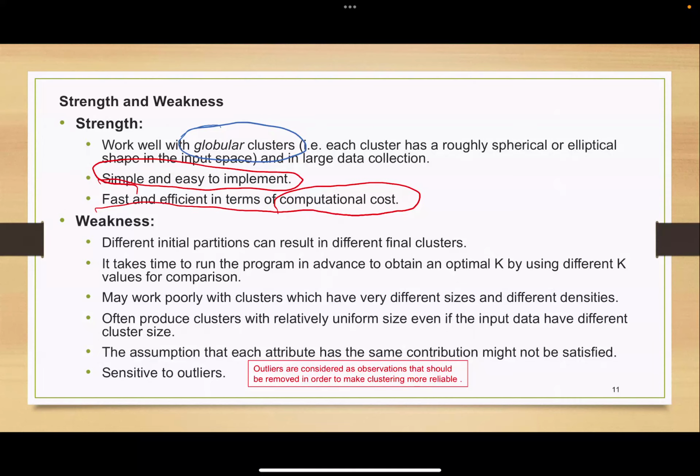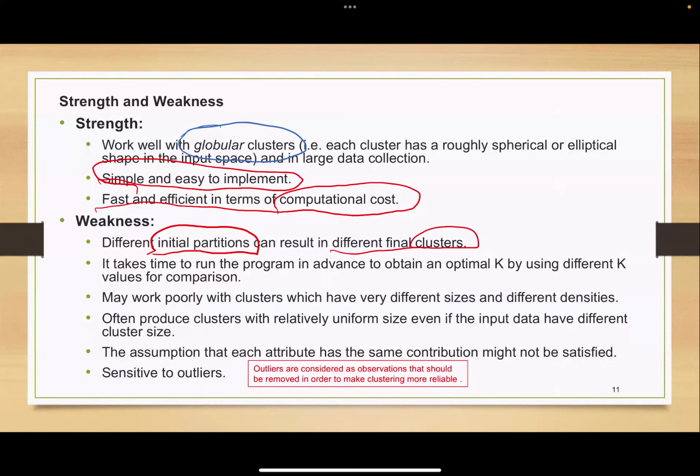And then there are also some weaknesses for k-means. So we need to initialize the centroids at the beginning, and then different initialization of these centroids can result in different final clusters.